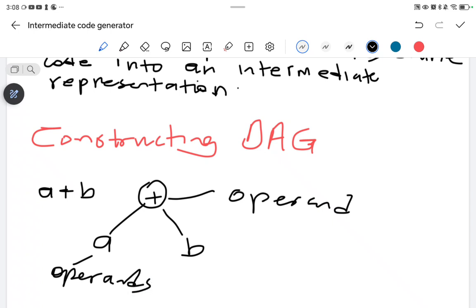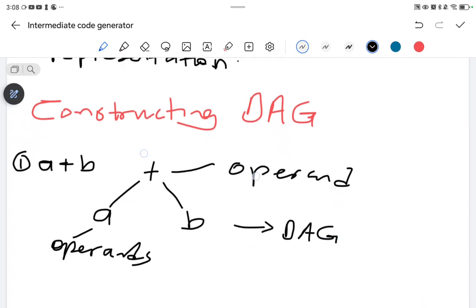But what happens with us is that we are not going to put the operands that way. We're just going to put the sign. So the first DAG that I'm going to draw is this one. This is a simpler DAG.